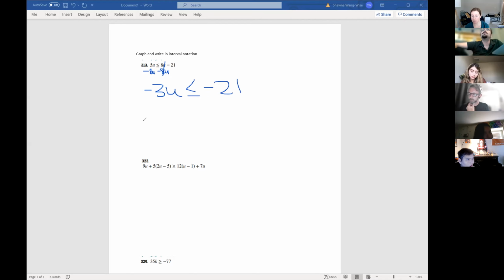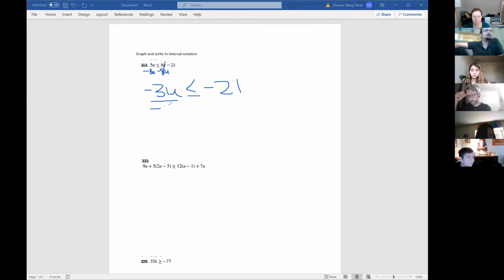It's not subtracting. What is it doing to the u? Is it adding the u, multiplying the u, dividing the u? Multiplying currently. Yes, so we have to do the opposite to move it to the other side. What's the opposite of multiplying by -3?